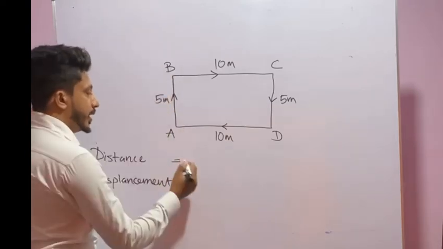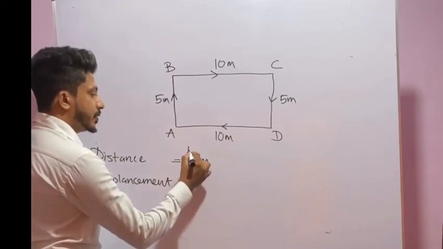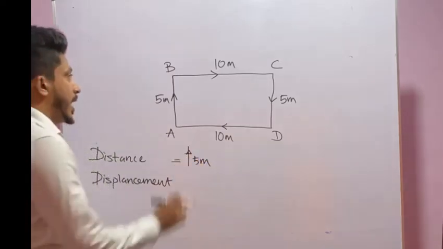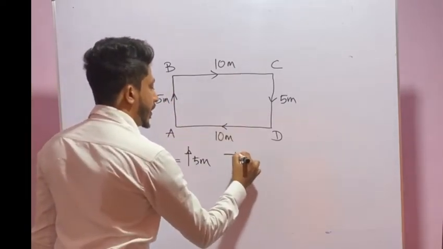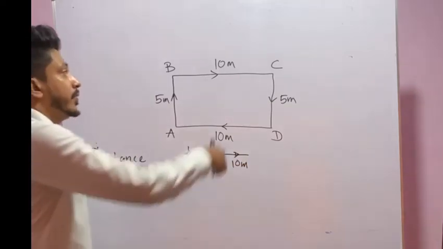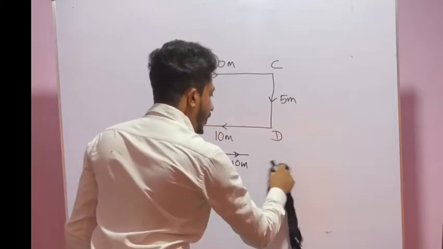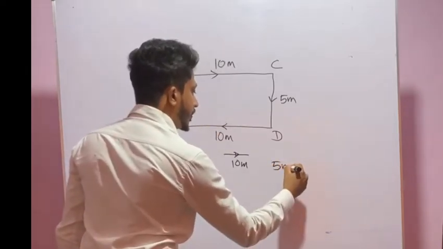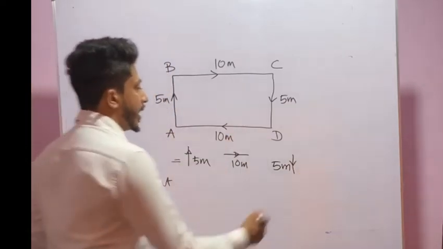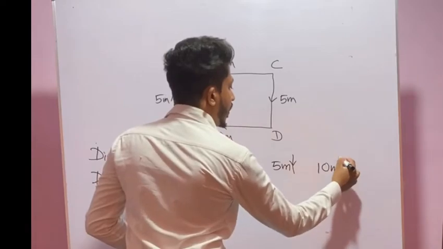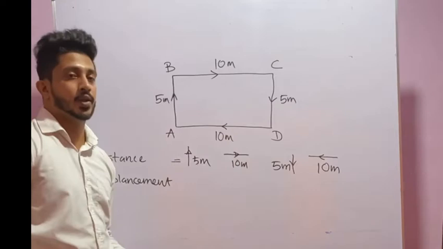From A to B, he has traveled 5 meters in the upward direction. And from B to C, he has traveled 10 meters in this direction. And from C to D, he has traveled 5 meters in the downward direction. And from D to A, he has traveled 10 meters from this direction to this direction.